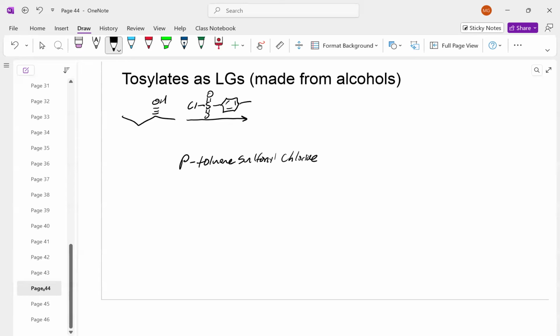So I would memorize this name and structure, and I'll make it a little bit easier. If you wanted to use its acronym, TsCl, instead of drawing the whole name or instead of drawing the whole structure, you're more than welcome to do that. So you could instead replace this with TsCl, and that's fine. Actually, it should be a lowercase s.